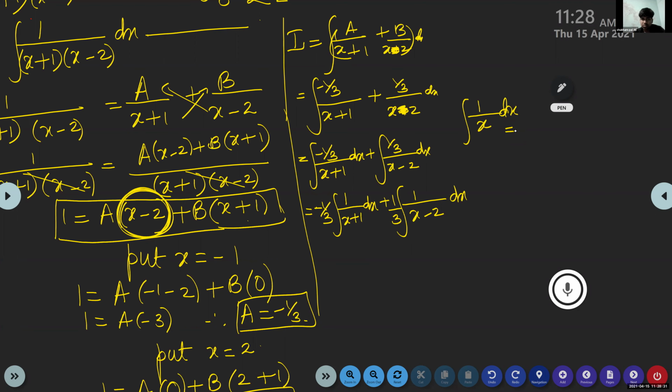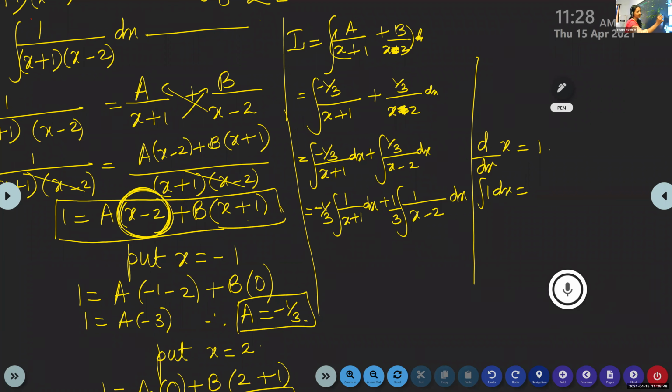If you are not thorough with the integration formulas, in the next class learn the formulas and come. What is the derivative of x? It is 1. So the integral of 1 is x.